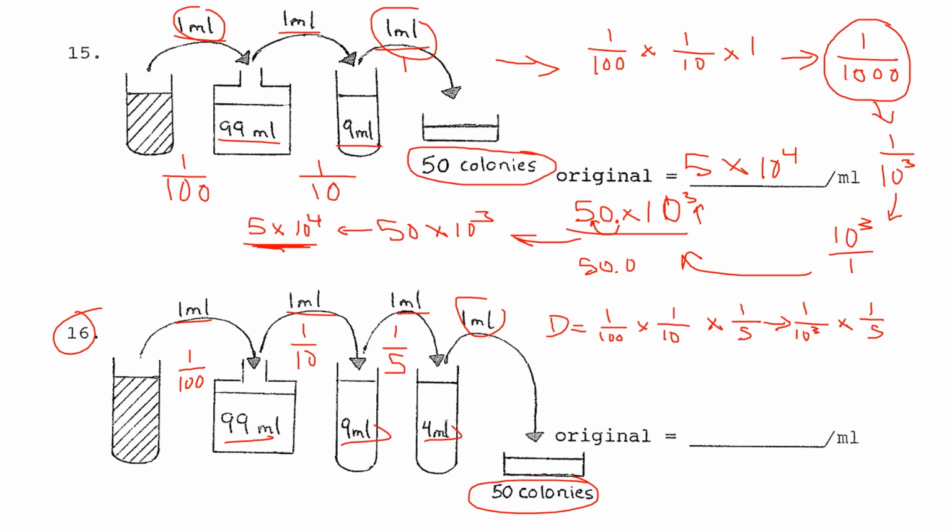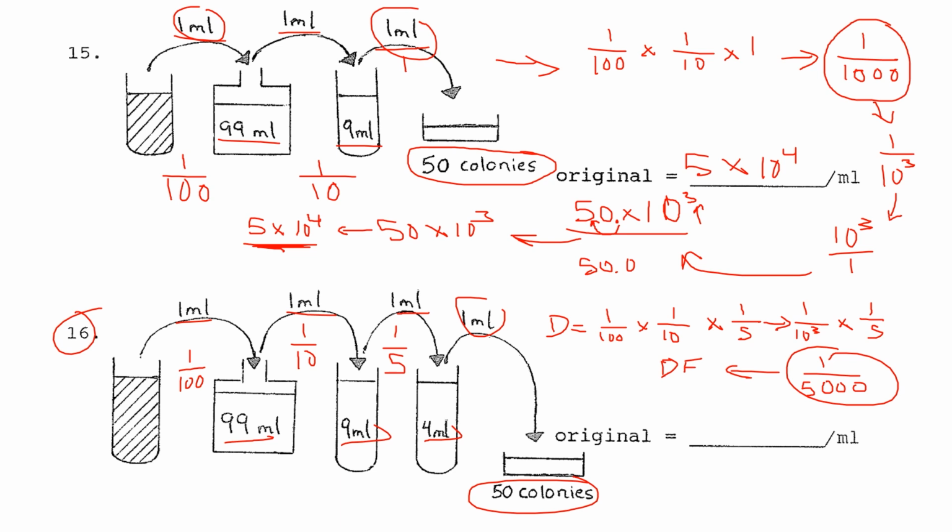And so now we have 1 times 5, 1, 2, 3, right? So that's our total dilution, right? So we take the inverse of that to get our dilution factor, right?